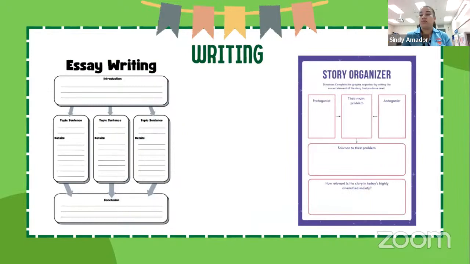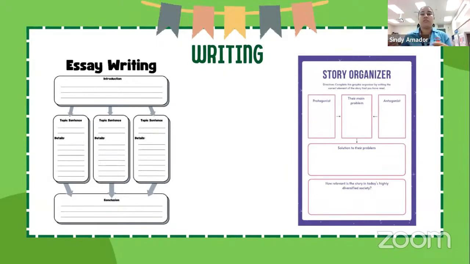Writing. How many times have we asked our students, okay, let's write a five-paragraph essay, and we just don't know how to start. We don't know how to organize the ideas. Well, on Canva, you can find templates that show you the introduction, and then your three topic sentences, and then the details, and then your conclusion, and then you're able to transform that template into the actual essay.